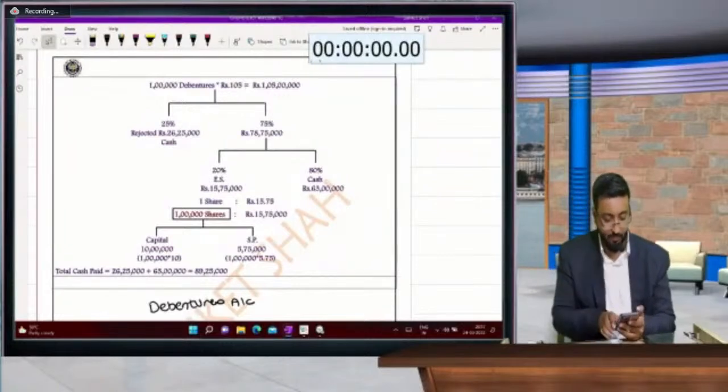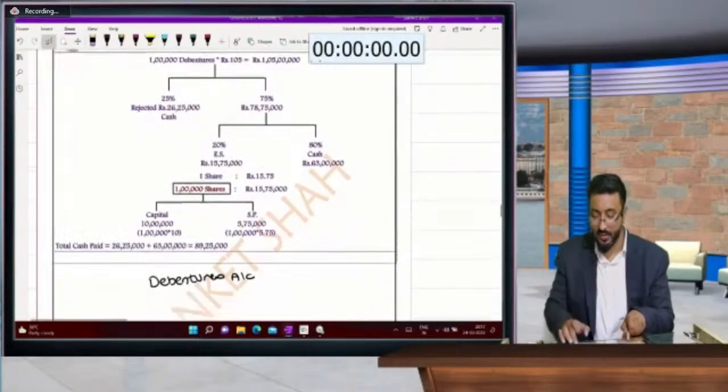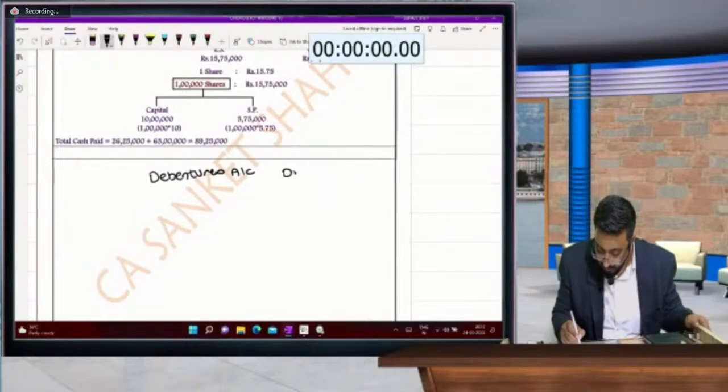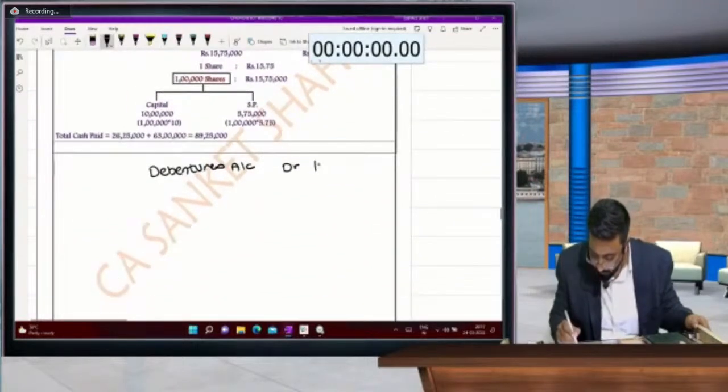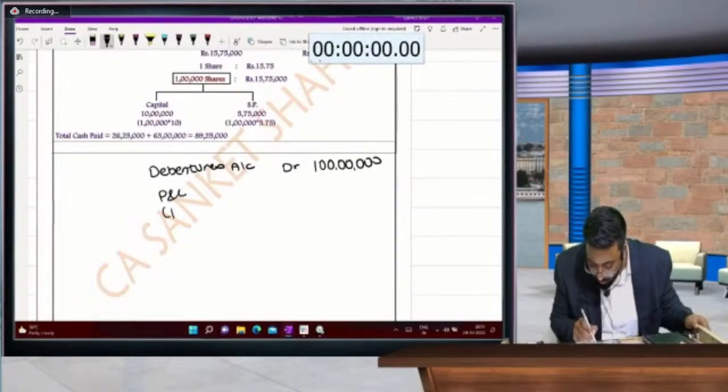No beta. We'll tell you the entry directly because in this question, understand: debentures account debit, how much? 1 crore. That premium on redemption we transfer to P&L.